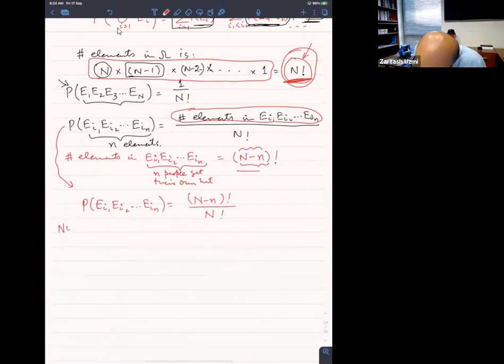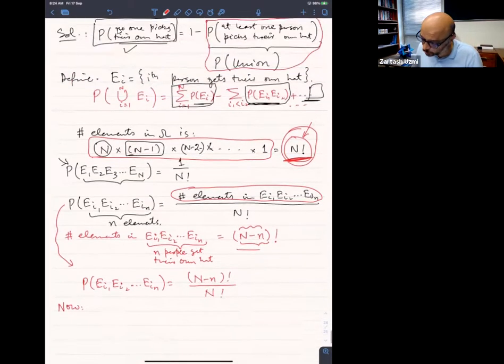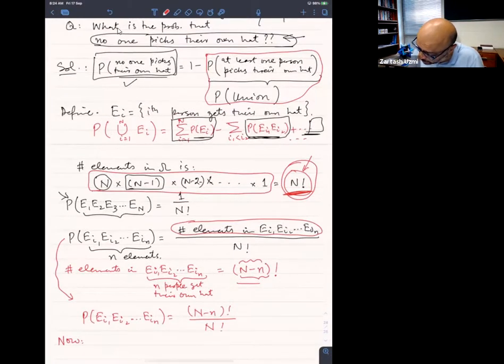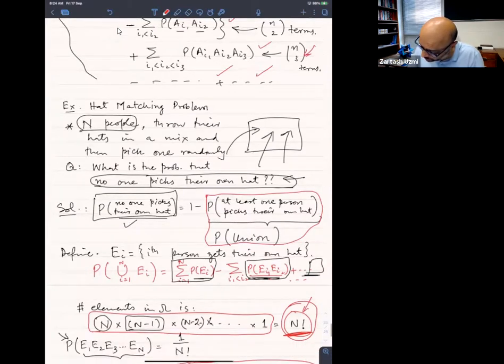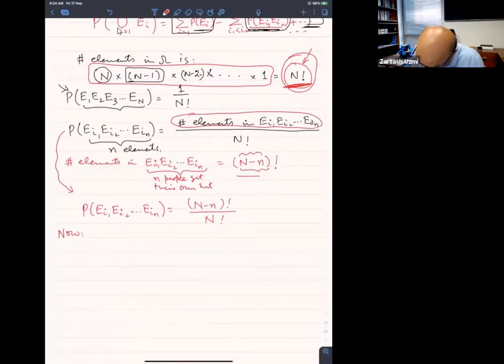Now, look at this expression. इस expression के अंदर ये probability of EI1, EI2 वाली terms हैं. How many terms EI1, EI2 वाली? And choose 2 terms. कितनी terms होंगी? 3 वाली and choose 3 terms. कितनी terms होंगी? 4 वाली and choose 4 terms. कितनी terms होंगी? Small n वाली and choose n terms.